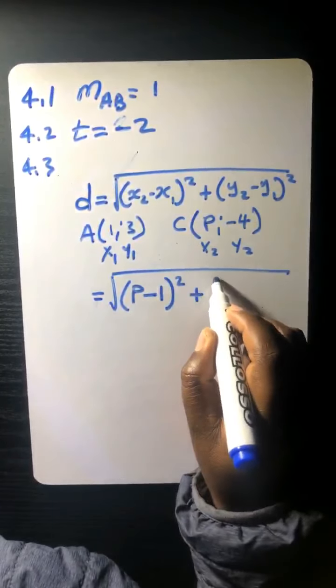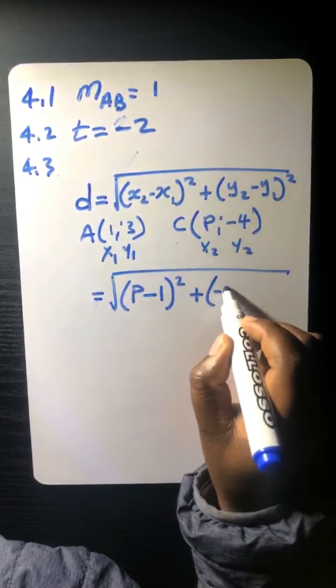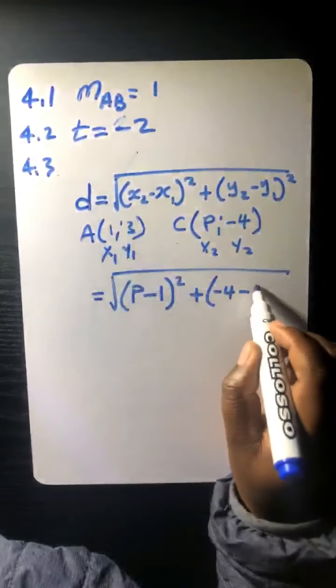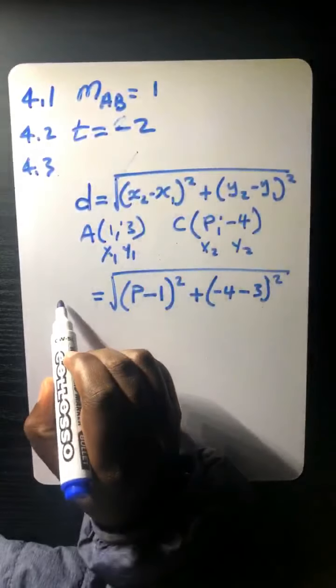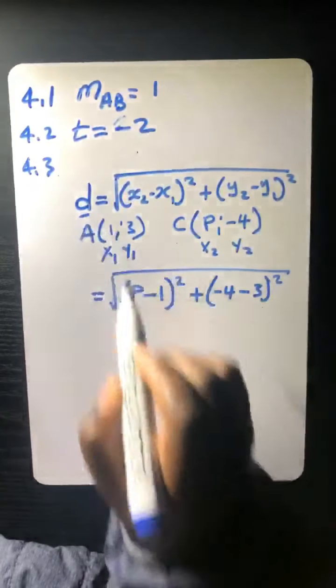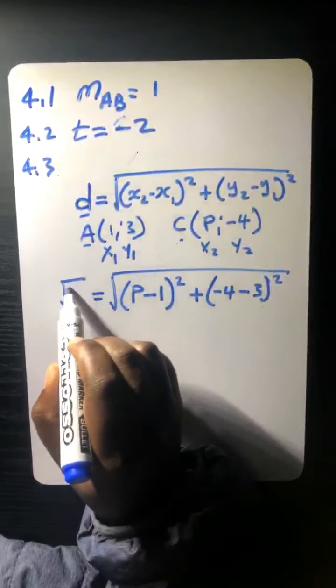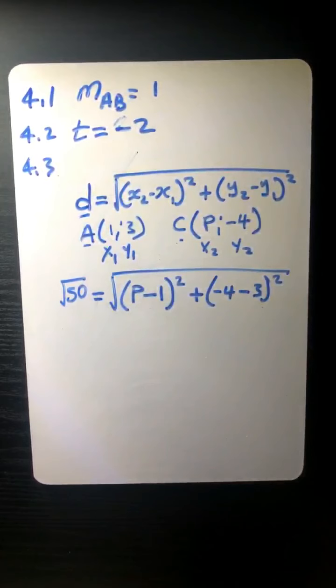So plus, what is y2? It is -4 over there, minus y1, which is 3, all squared. But remember, they said the distance between A and C is equal to the root of 50. So we just substitute it as it is.